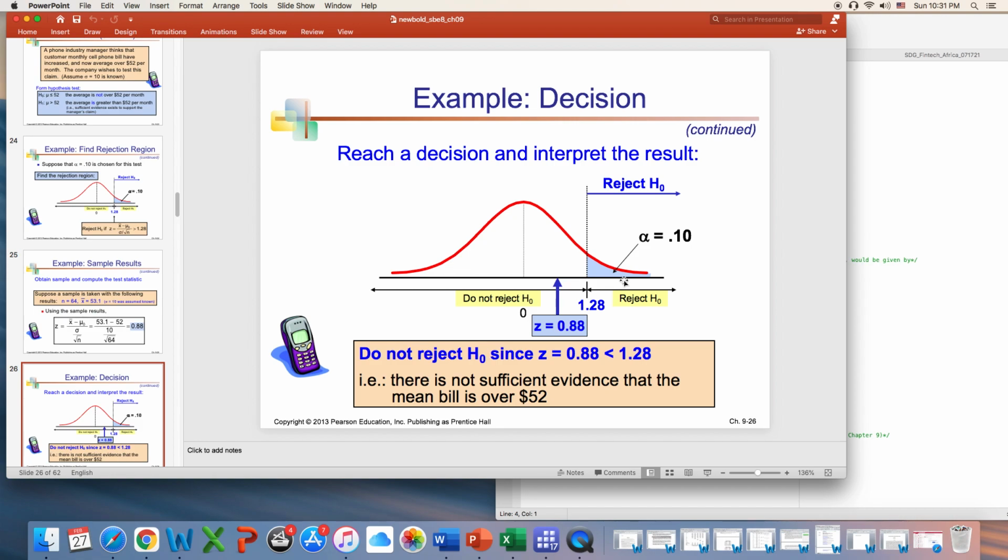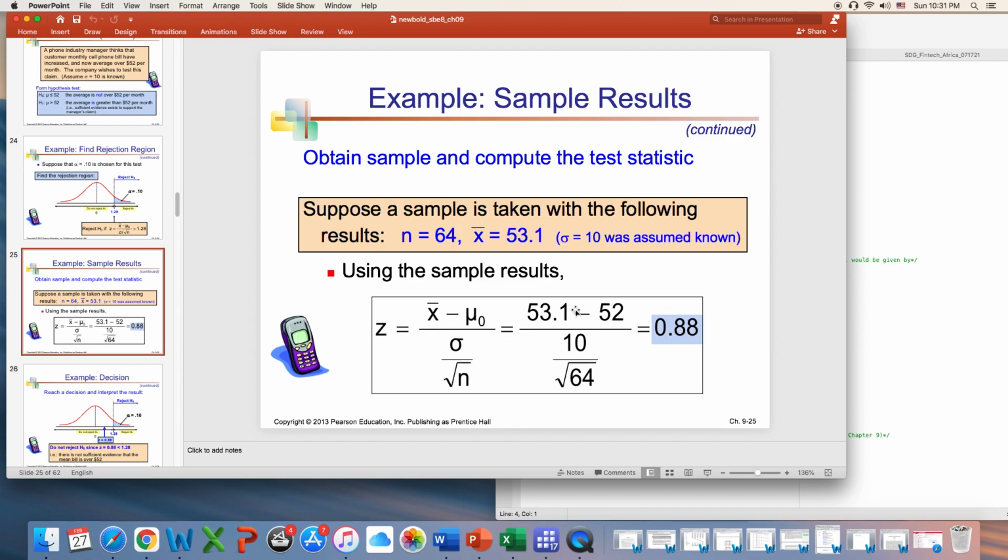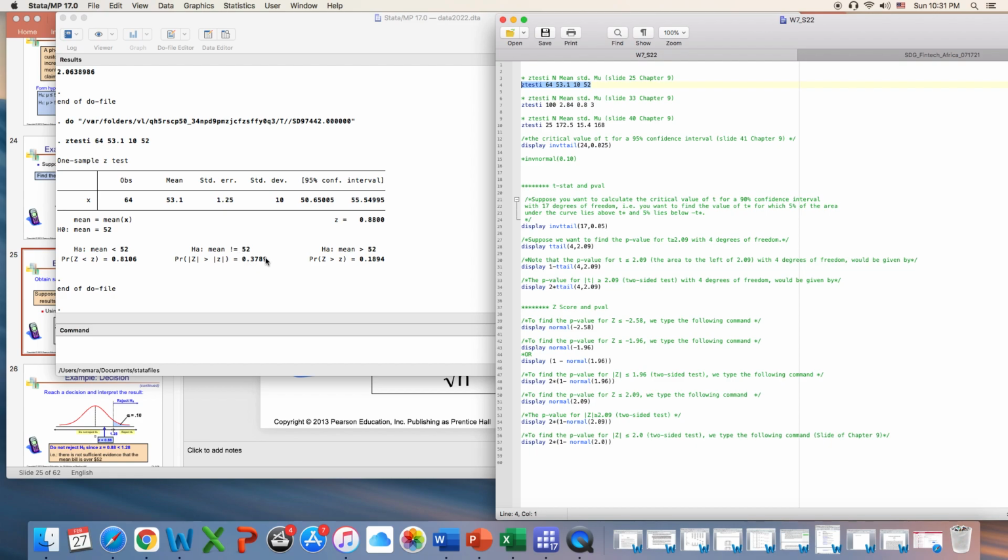We're testing whether the sample mean, which is this one, 53, is statistically significantly greater than 52. So it's a right-hand side test. When we check the results, we don't actually care about this part because this one is a two-sided test. So actually we're going to look here.